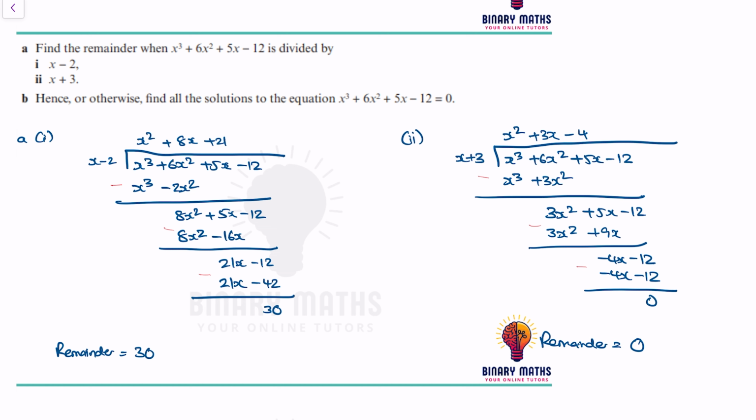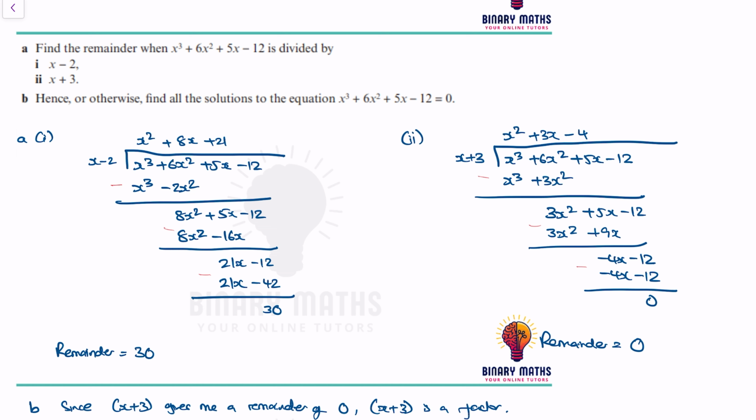Part B: hence or otherwise, find all the solutions to the equation x cubed plus 6x squared plus 5x minus 12 equals 0. Now, since x plus 3 gives me a remainder of 0, then x plus 3 is a factor.